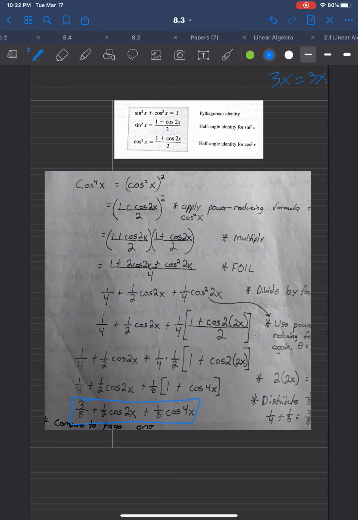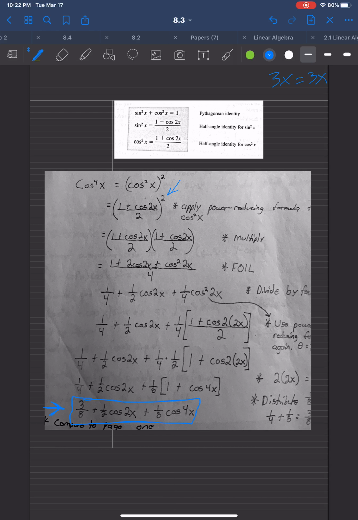And now what's beautiful is, if my work here is legible, I'm just applying a power reducing formula, a half angle formula for cosine squared, over and over and over again, and I'm just reducing and reducing until we get down here to the bottom.